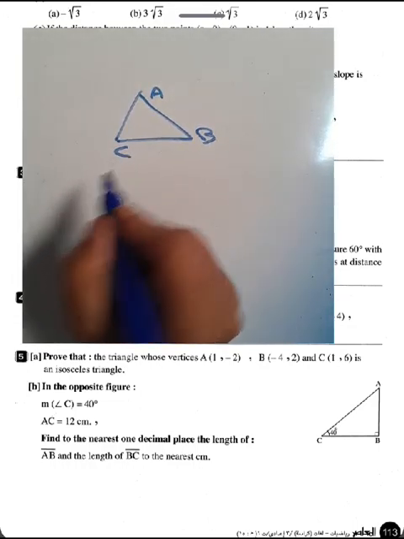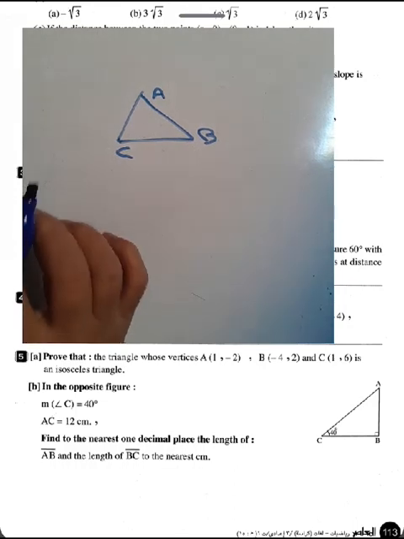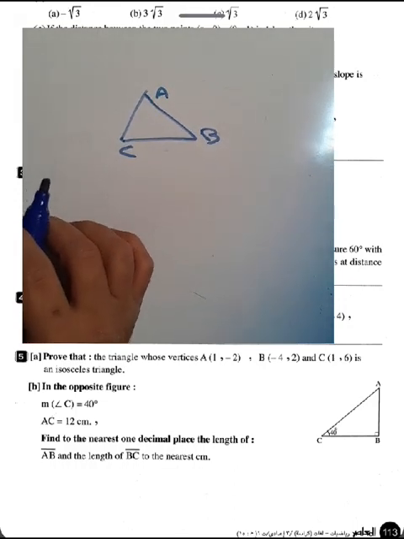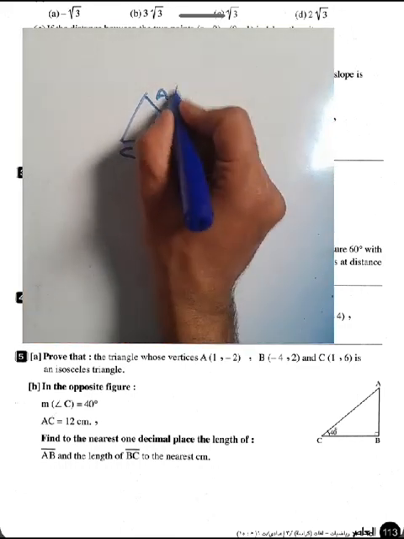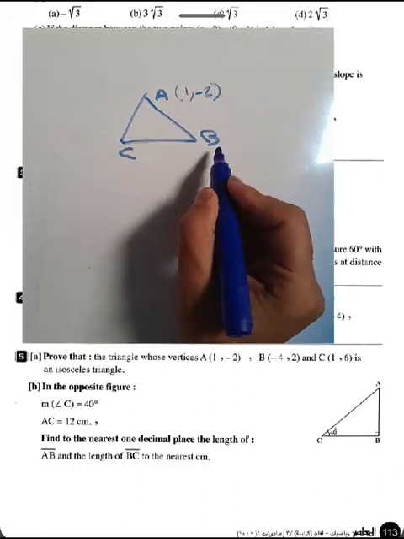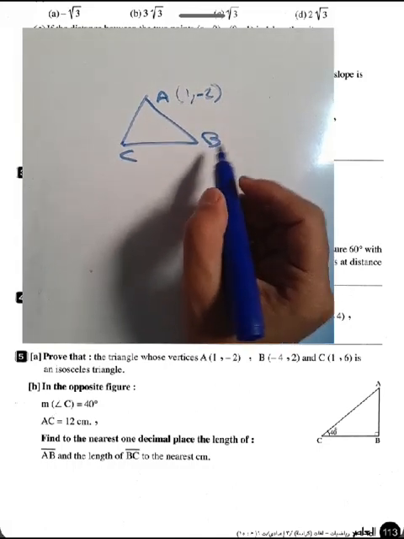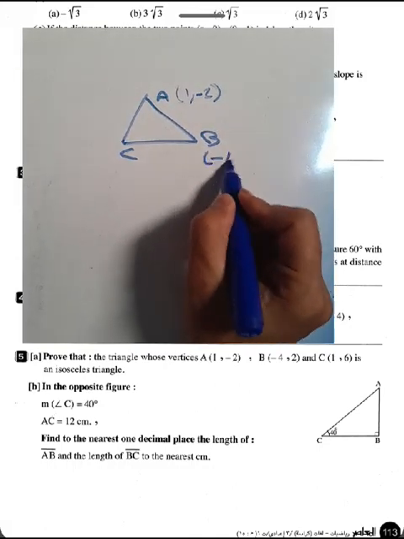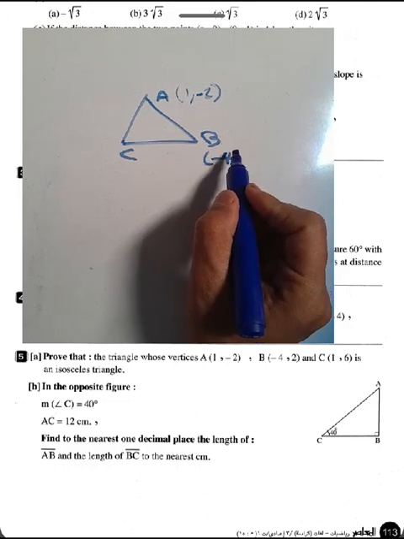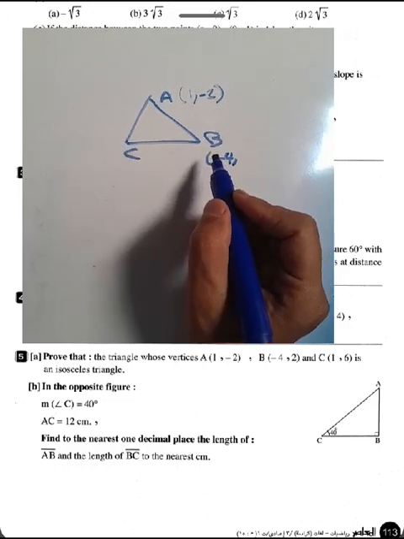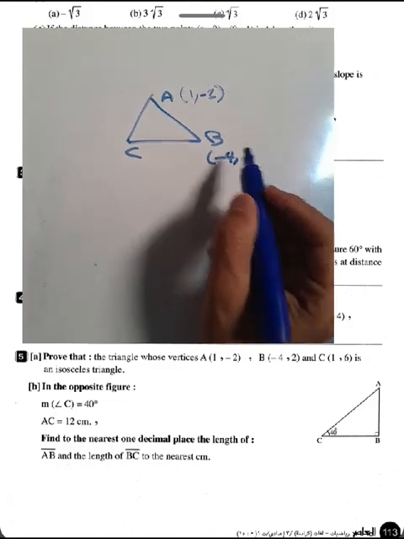First step, we must put points A, B and C. The example gives point A as (1, negative 2), and point B as (negative 4, 2). Understood?